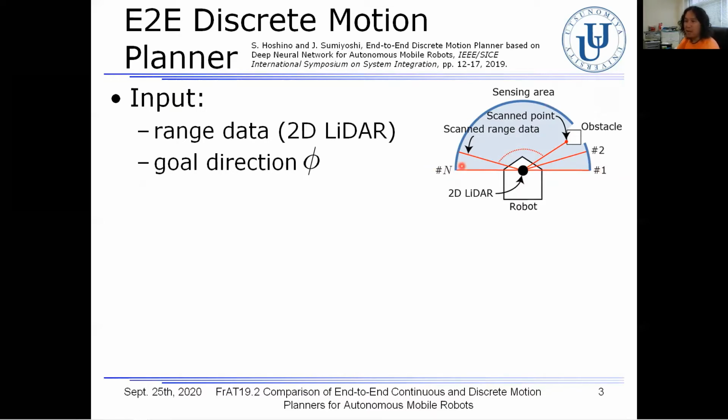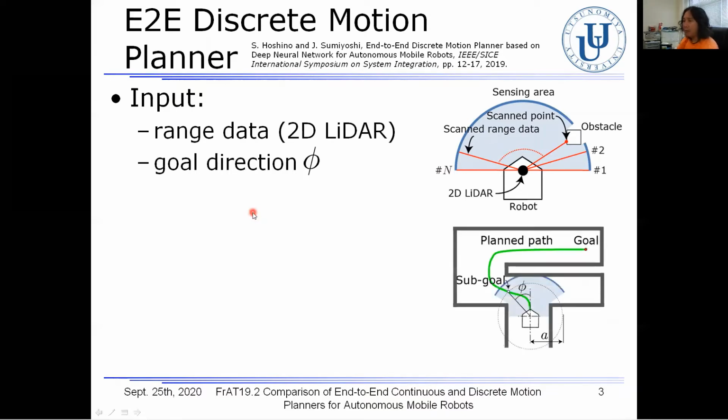The range data enables the robot to avoid the obstacle, for example, just around here. However, the robot based on this motion planner moves in a different direction from the destination. Therefore, we use the goal direction as an additional input.